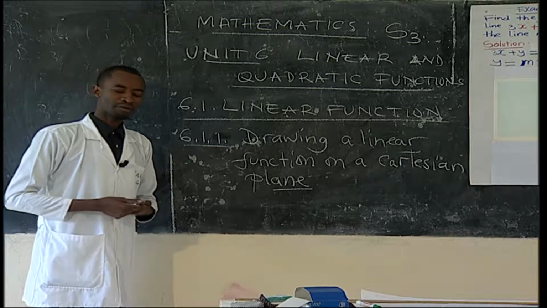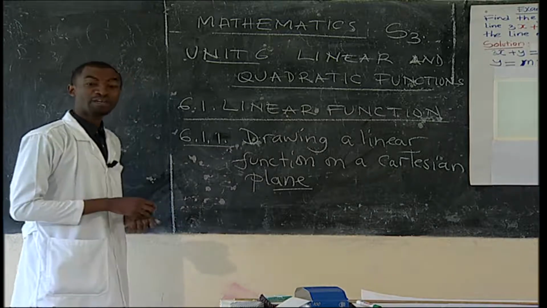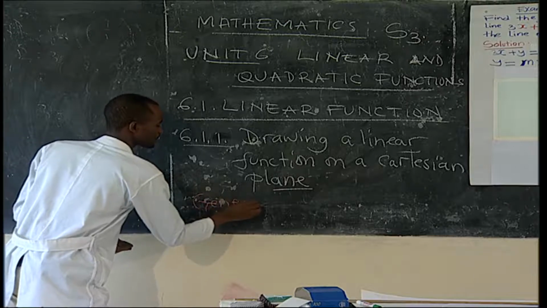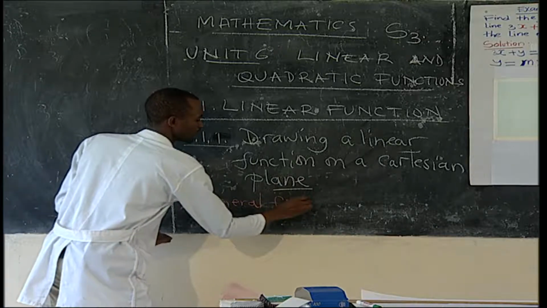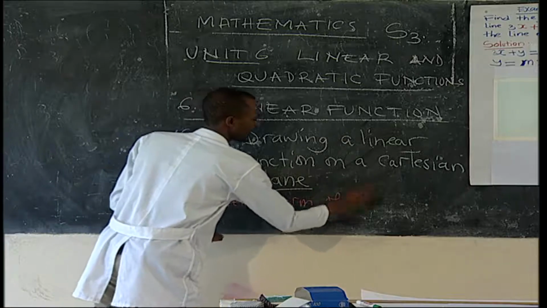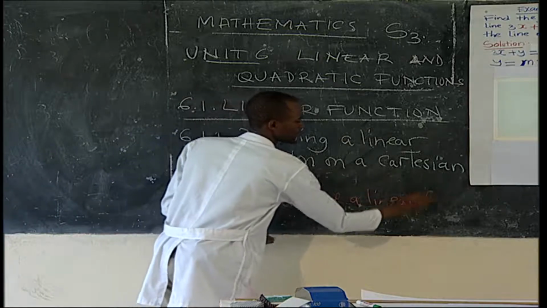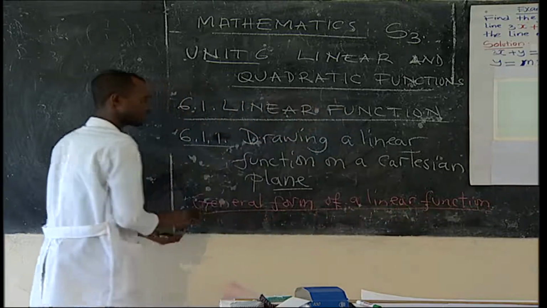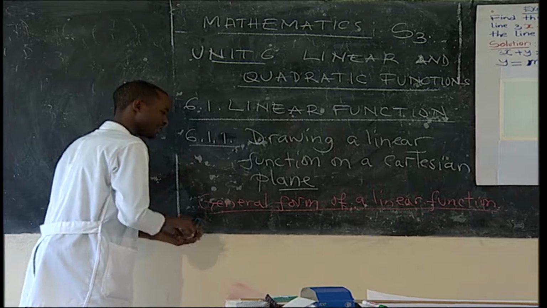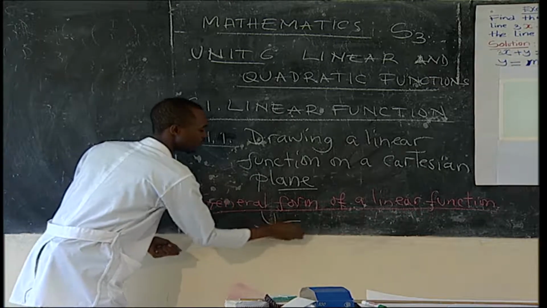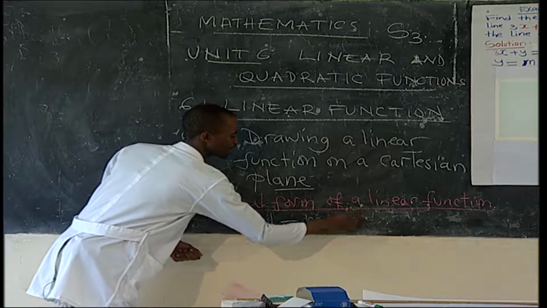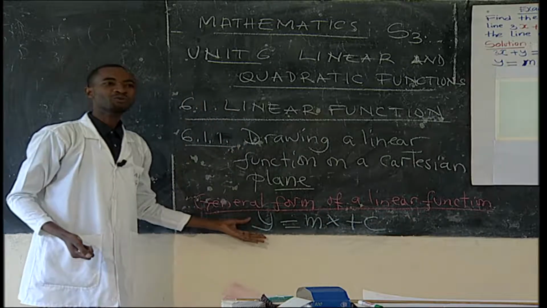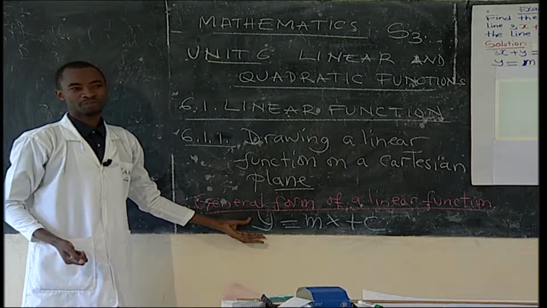But as you remember, the general form of a linear function, we write it as y equals mx plus c. Look at this. This is what you call the general form of a linear function.